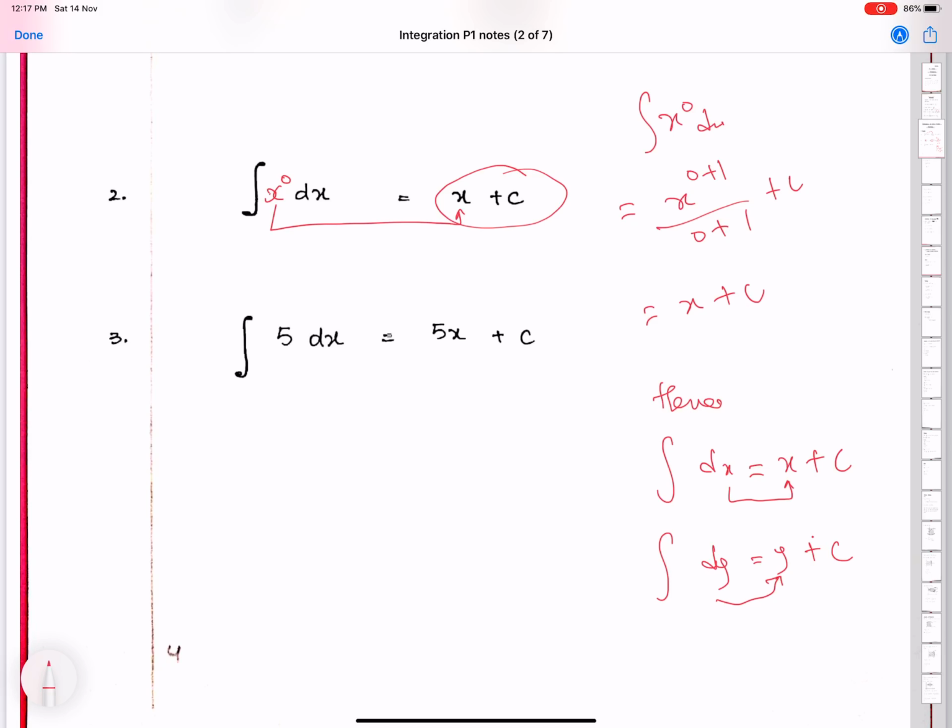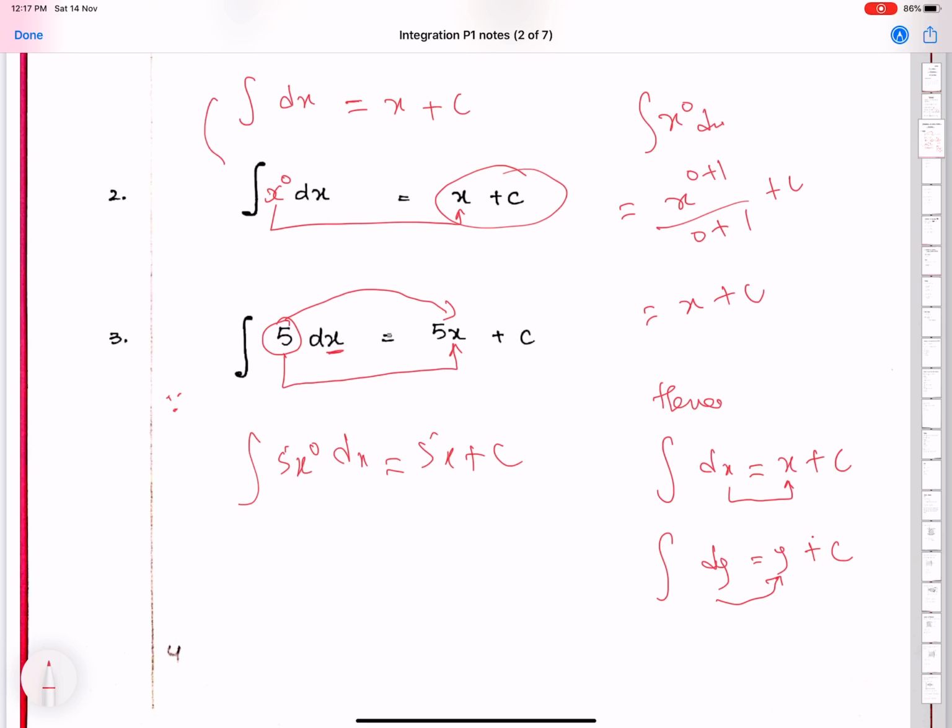Well, this is 5, so it will become 5x, because this 5 can be written as 5x power 0. So it will become 5x plus c. So if we have just a constant, we write the constant times this variable x plus c. And here, since we don't have any function between these two, the answer is x plus c.